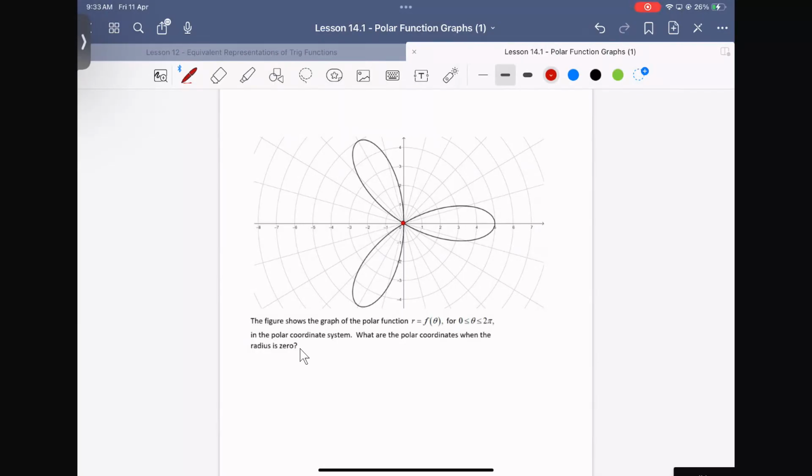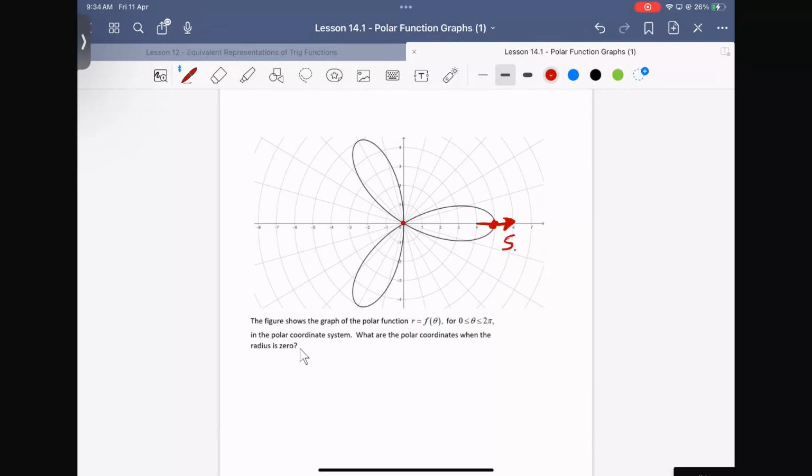All right. So what are the polar coordinates when the radius is 0? So basically, we want to know what is the theta when the radius is 0. So here in this direction, this is when we are at one of our extreme points.